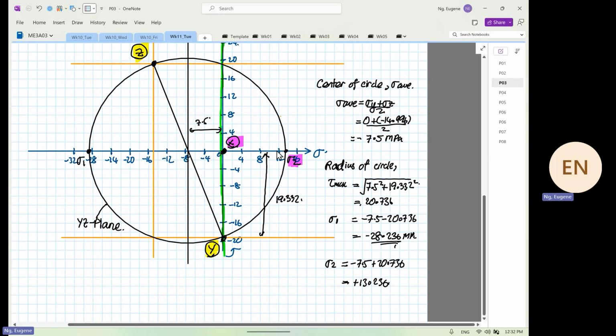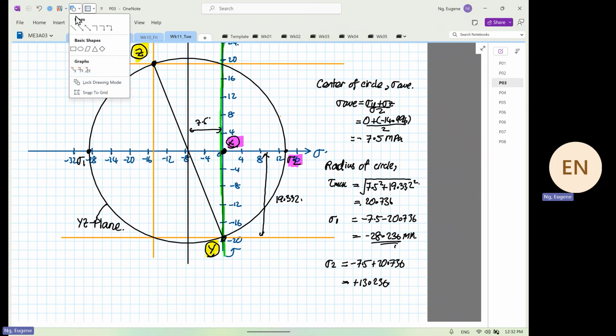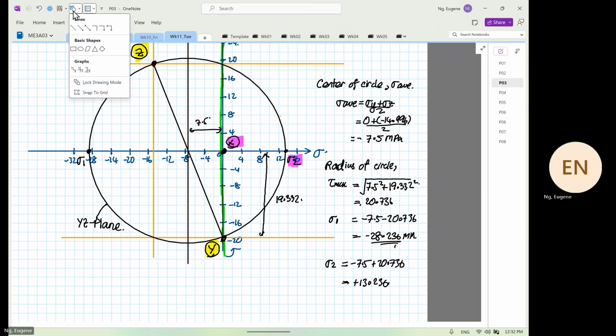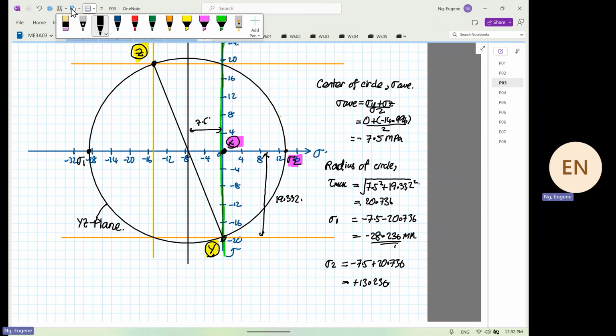2, 4, 6, a bit, 7, 3.5. Okay. So 3, 3.5. It's a very interesting circle.